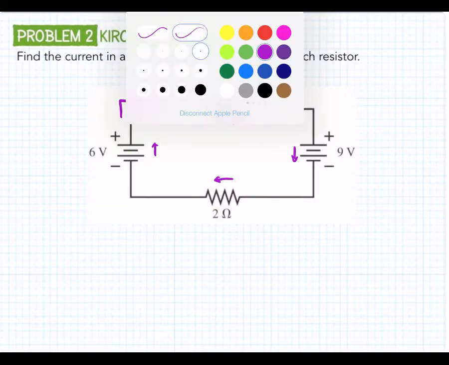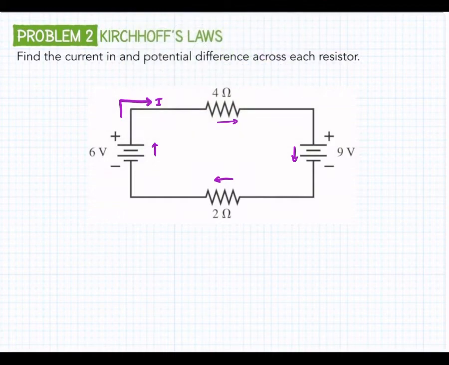The other thing we need in order to determine all our signs is the direction of travel. So we're going to make the direction of travel this way. So both current and travel are going to be counterclockwise. And we'll see how this affects our signs as we go through the problem. So we're going to start with our battery over here.